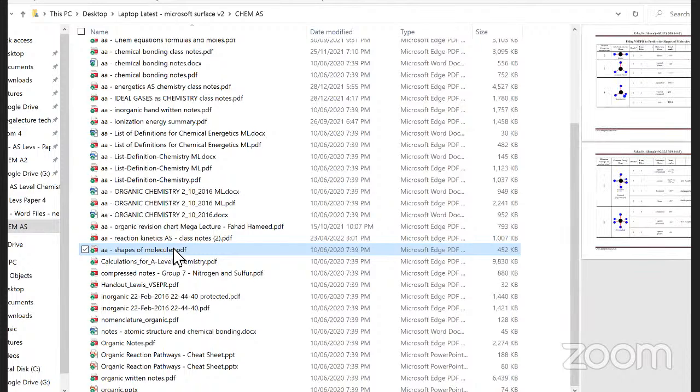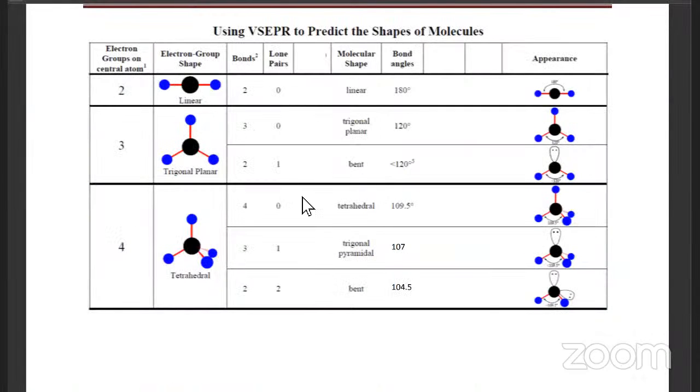Trigonal bipyramidal was also 90. So they go through: 3 bonds, that's 120, right? And 1 lone pair with 2 bonds is also the same shape, except the angle is slightly less than 120 because of the greater lone pair repulsion.